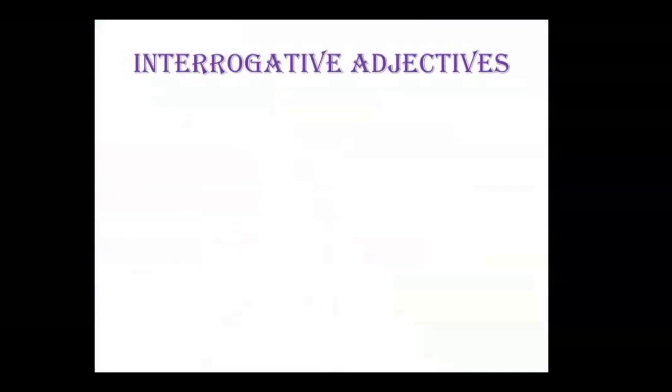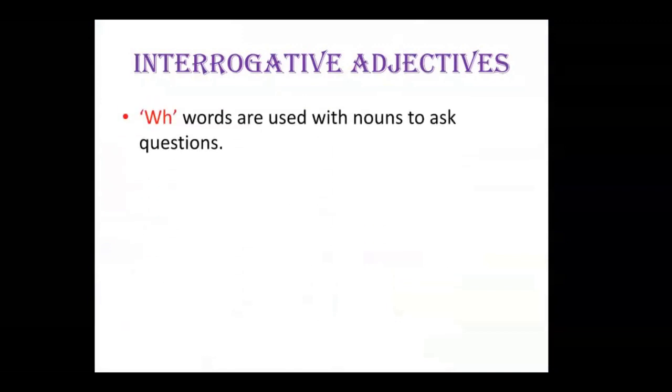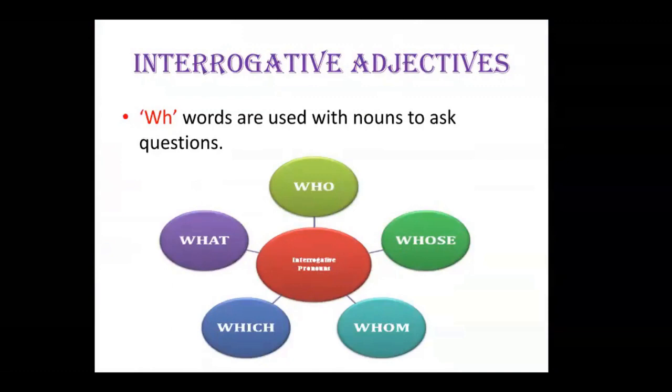Okay, let us move to the next type of adjectives. That is interrogative adjectives. What are interrogative adjectives? WH words are used with a noun to ask a question. Now, what are WH words? WH words are who, whose, whom, which, and what.